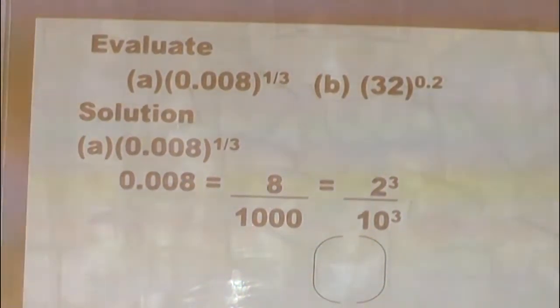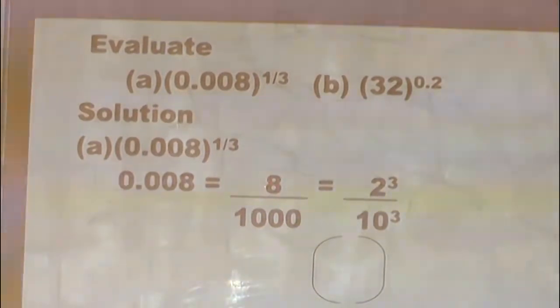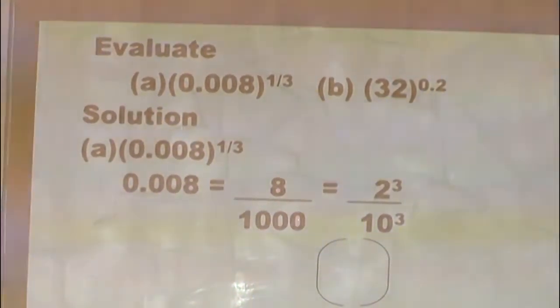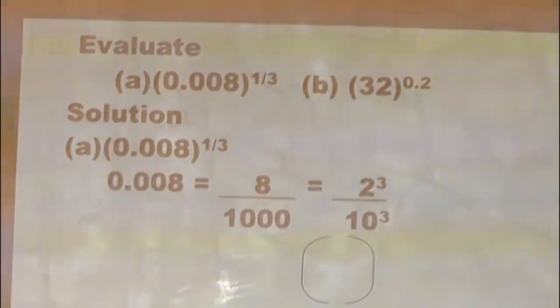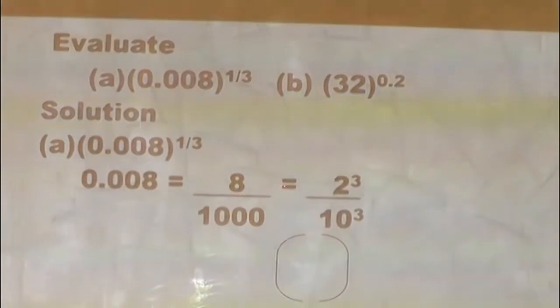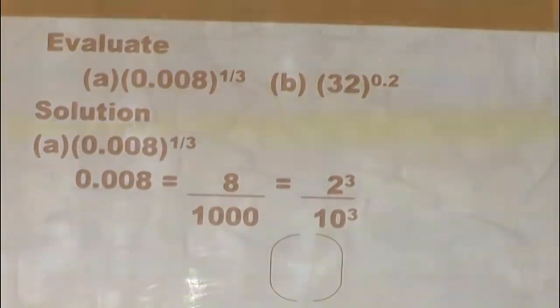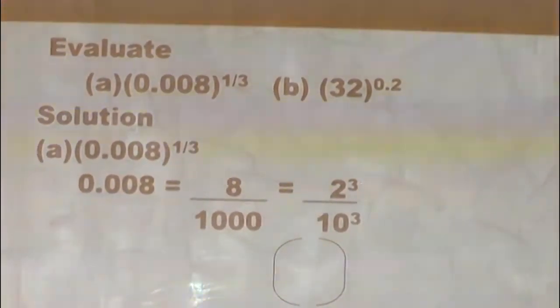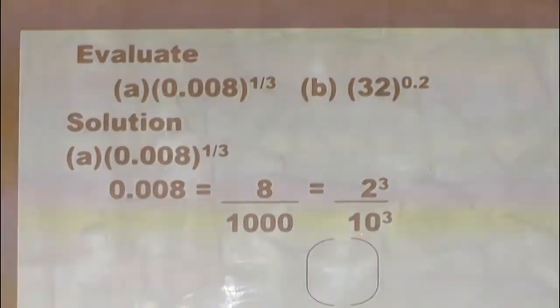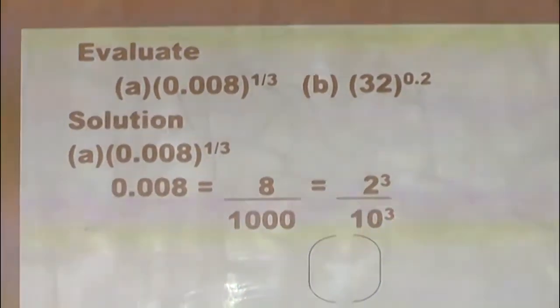And if you express this 8 in index form and this 1000 in index form, we are going to have 8 as 2 raised to the power of 3, and this 1000 as 10 raised to the power of 3.